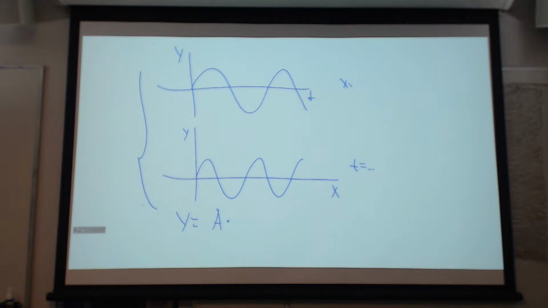First of all, usually it's like this. At x equals 0, you know how it changes with time, and at the initial time, you know how it changes in space.